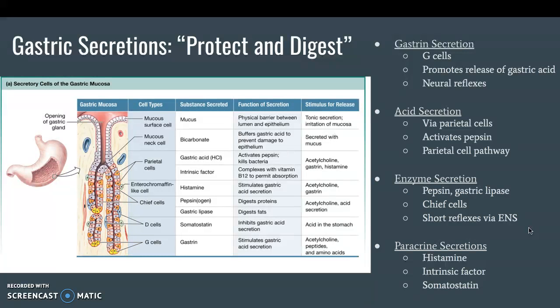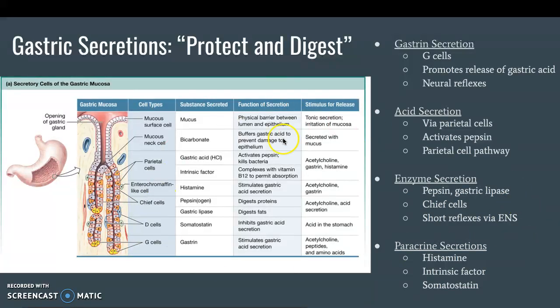Somatostatin is secreted by D cells in the stomach, and this secretion is the primary negative feedback signal for gastric phase secretions. So this stops the release of further enzymes, and stops the digestion phase. So the chyme is ready to be moved into the small intestine where absorption can take place.